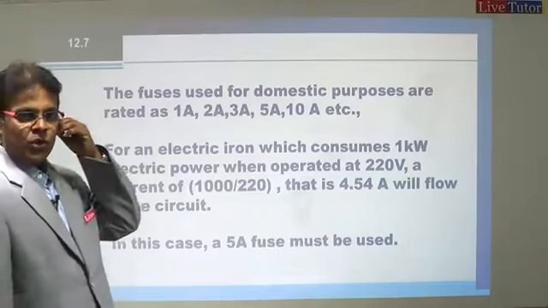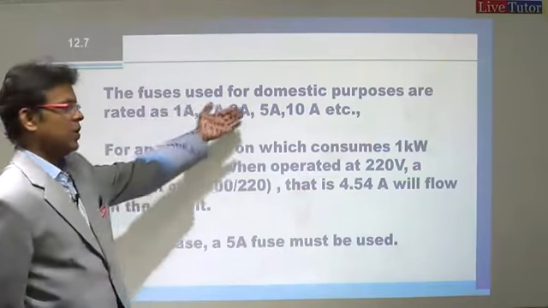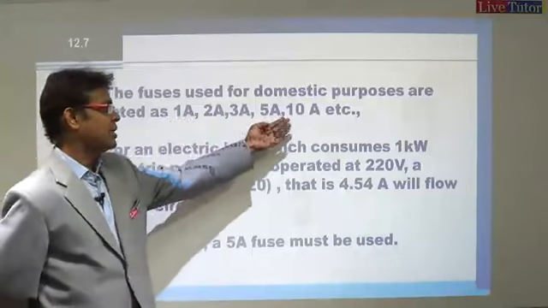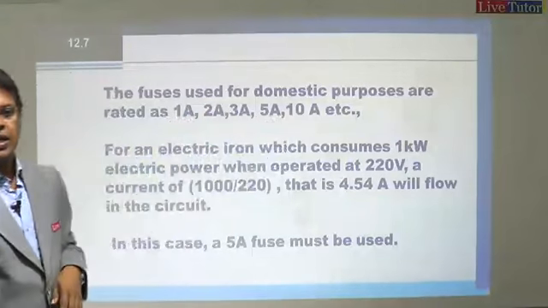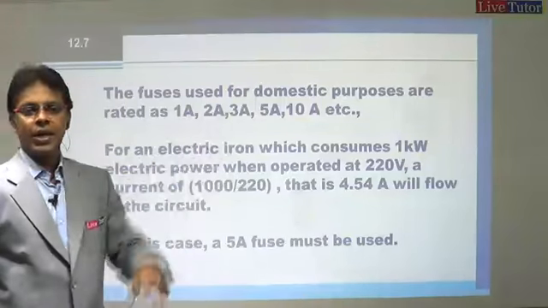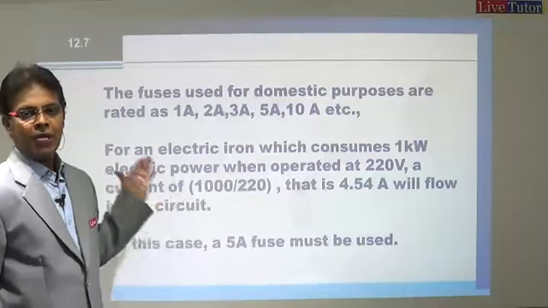As I have already told you, the fuse used for domestic purposes has different ratings, like 1 amp, 2 amps, 3 amps, 5 amps, 10 amps, even 15 amps. Depending upon how much current is going to flow, we choose the appropriate fuse wire, right?